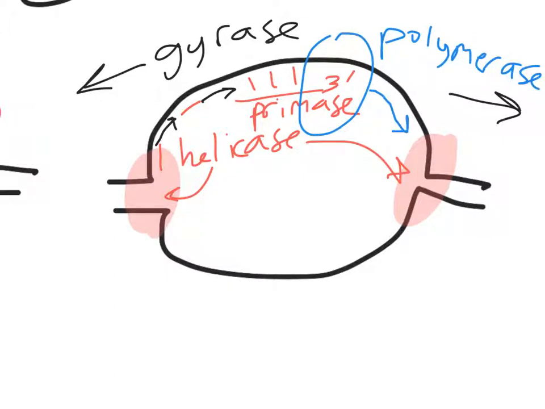So each one of those short RNA primers will spawn a little bit of synthesis of DNA from a separate molecule of DNA polymerase. And the problem with the end of DNA replication is that when DNA polymerase adds that last nucleotide at the end there, that polymerase does not covalently attach that last nucleotide to the start of the RNA primer.